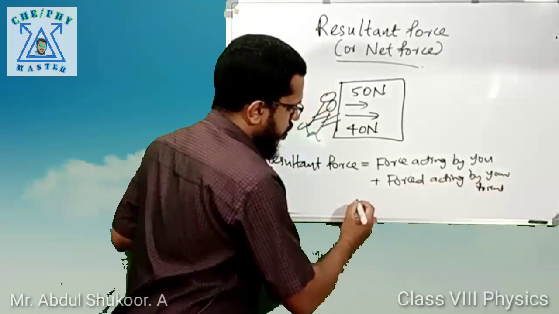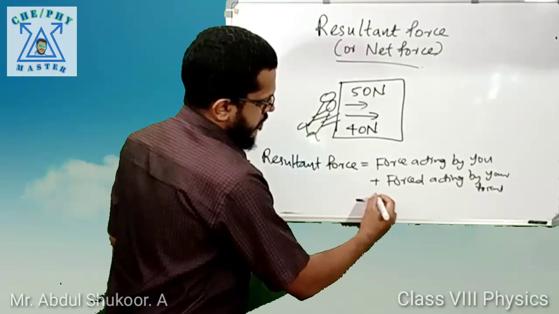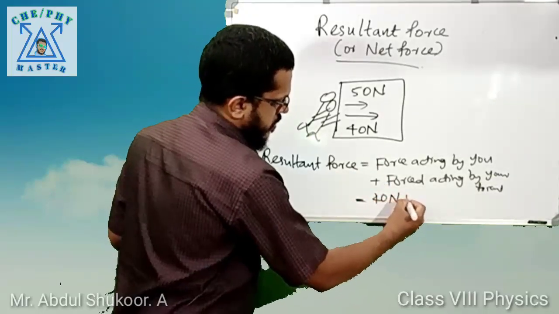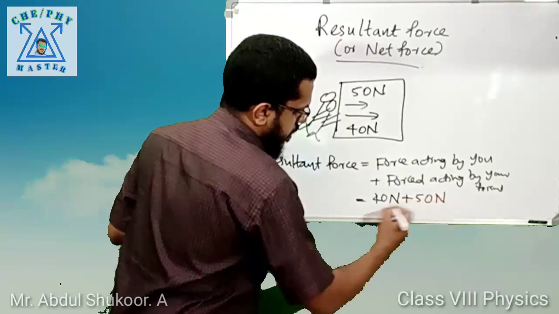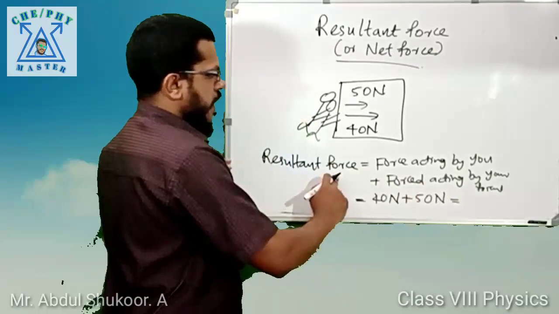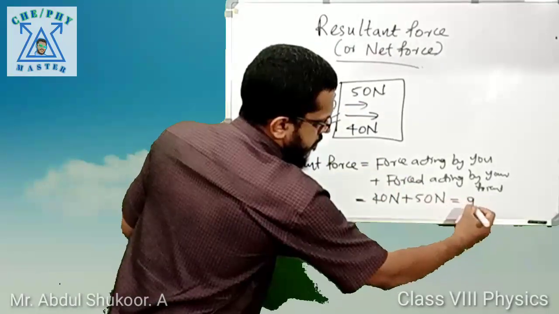Then what is the value of force applied by you? That is 40 Newton, plus the force applied by the friend is 50 Newton. That means the resultant force acting on this box is 90 Newton.